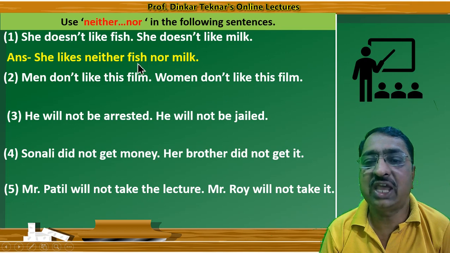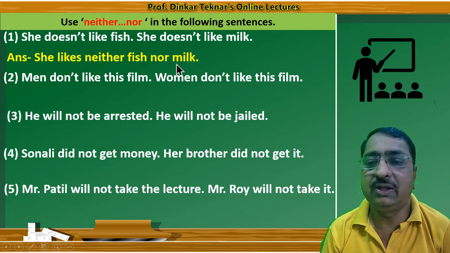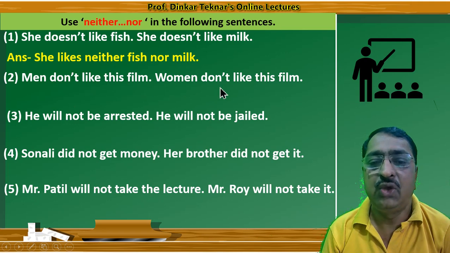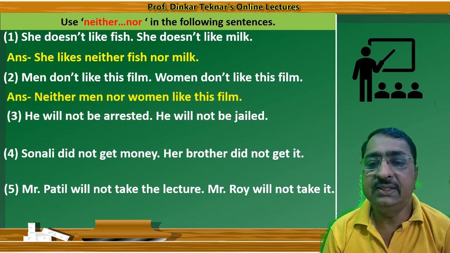So she likes neither fish nor milk. In the second sentence, men don't like this film, women don't like this film. Men and women are two negative objects, but don't will be removed because we are using neither. So the answer will be neither men nor women like this film.